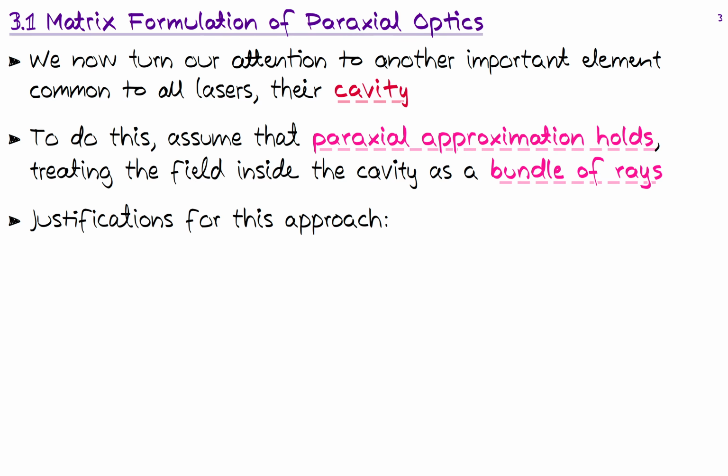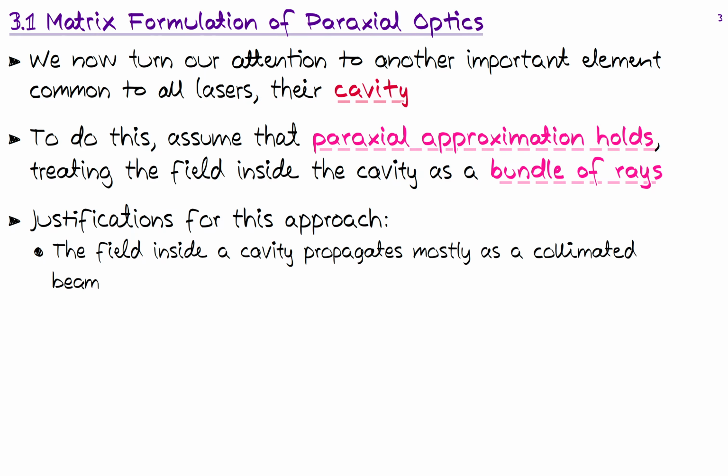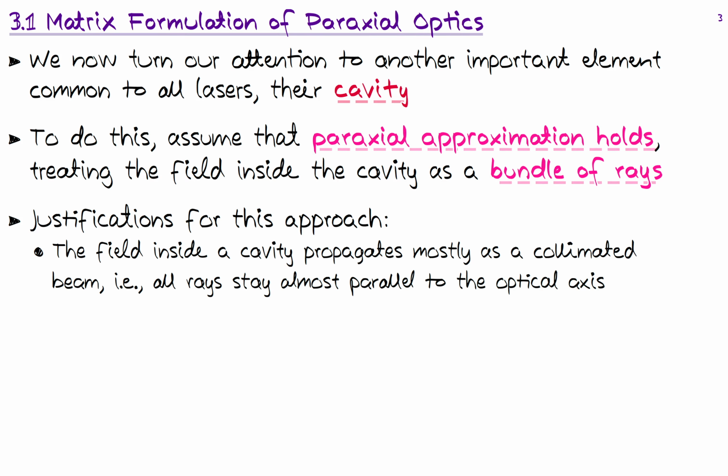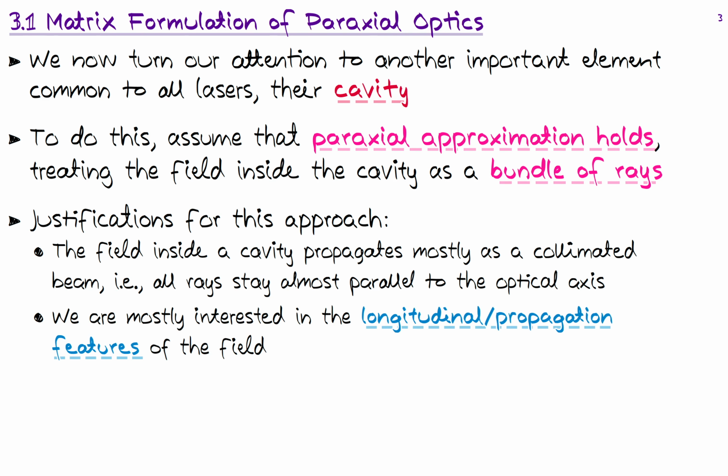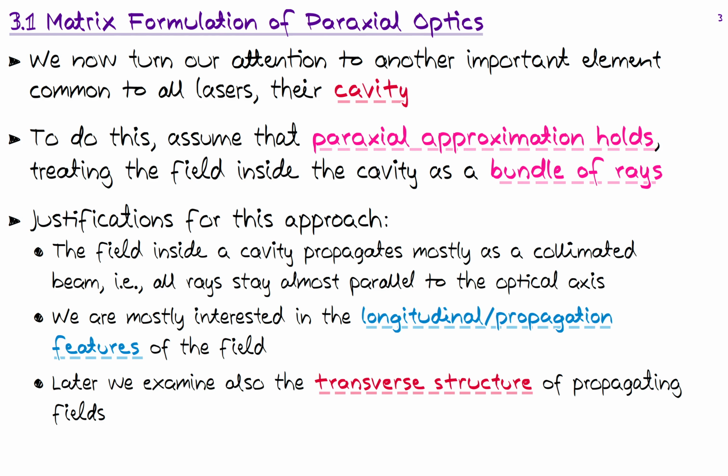How can we justify this? The field inside a cavity propagates mostly as a collimated beam, which implies that all the rays stay more or less parallel to the optical axis. We are mostly interested in the longitudinal propagation features of the field, not so much the transverse structure of propagating fields.